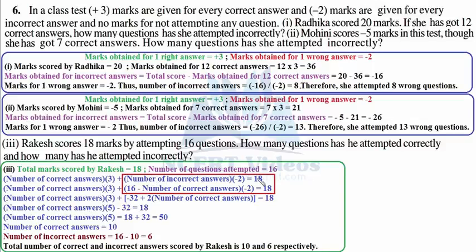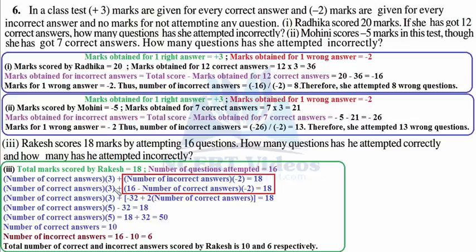This is the whole idea. Now writing the same thing here, plus solving this thing. Number of incorrect answers will be 16, that is total attempted by him, minus number of correct answers. So this will give him number of incorrect answers. And again, minus 2 as it is, equal to 18.